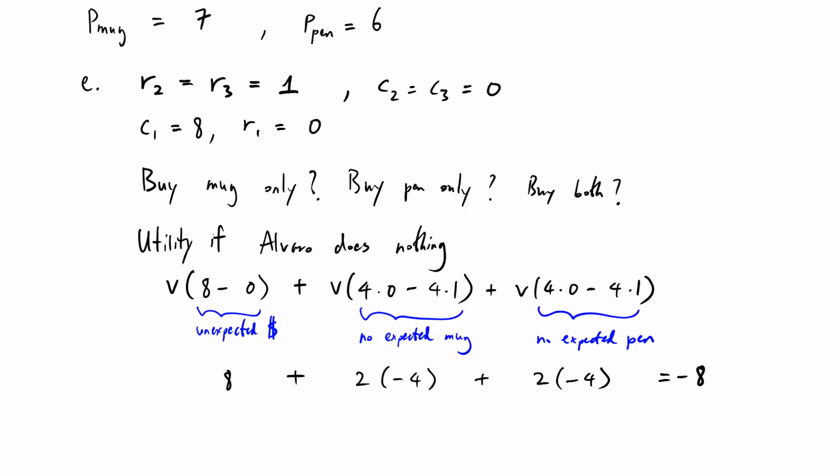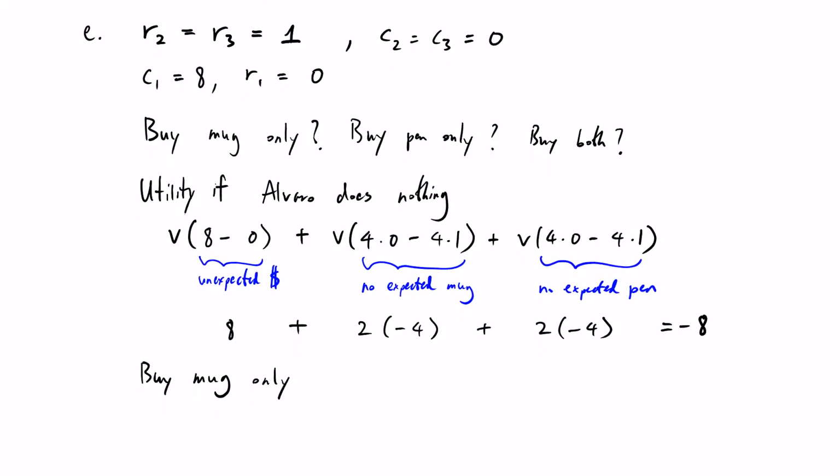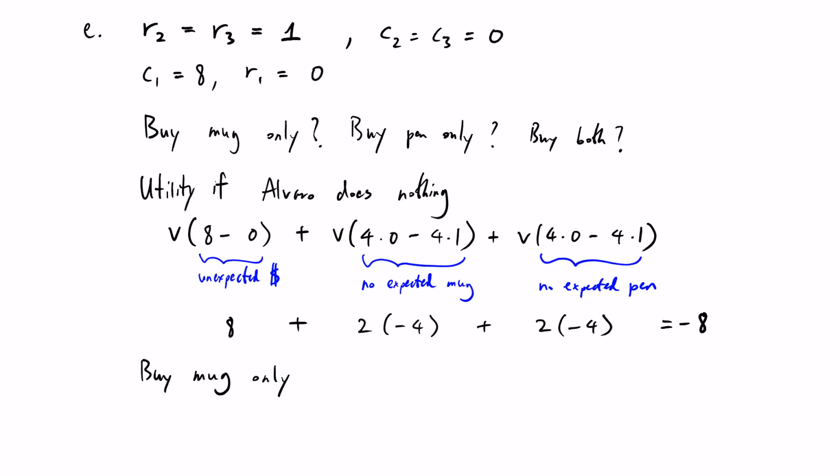And his utility is going to be -8, right? So now, buy mug only. If he buys the mug only at $7 each, then he's going to spend 8 minus 7, so he's spending some of his unexpected money. He's going to get a mug, which he did expect to have to begin with, and still not getting a pen.